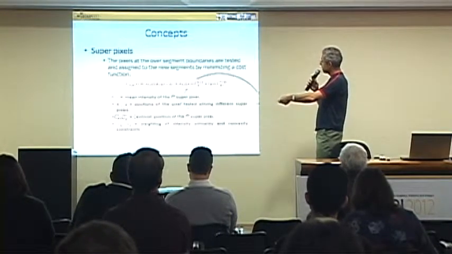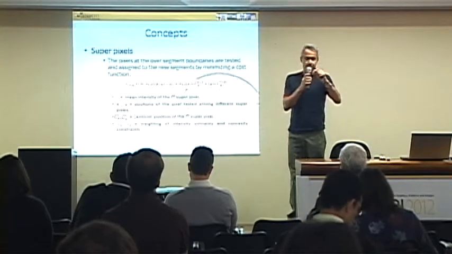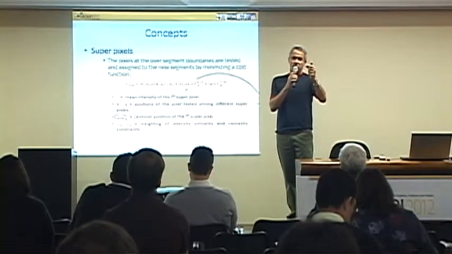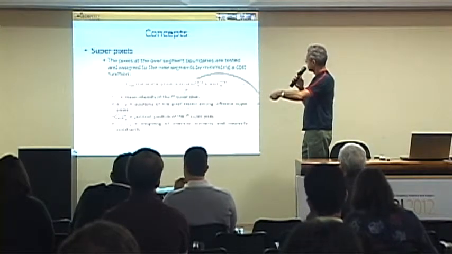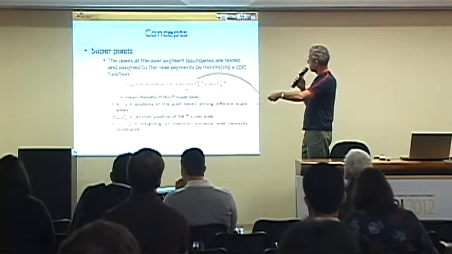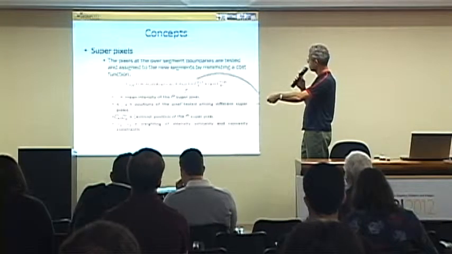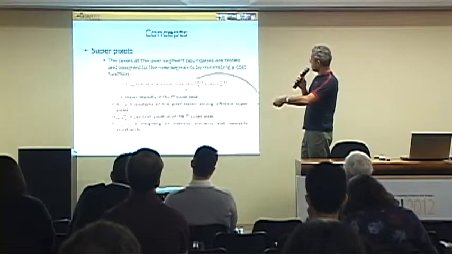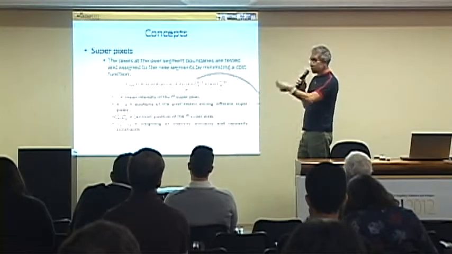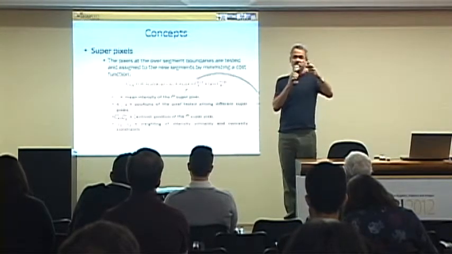The second term relates the position of the pixel, which is the coordinate x and y, with the position of the centroid of each superpixel.